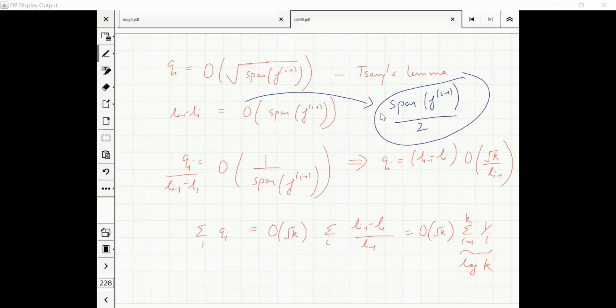In the ith iteration, these many parities will get destroyed. The number of active parities will reduce by this. That means I will track the ratio Qi divided by Li minus 1 minus Li. This will become of order 1 by the square root of the sparsity of Fi.